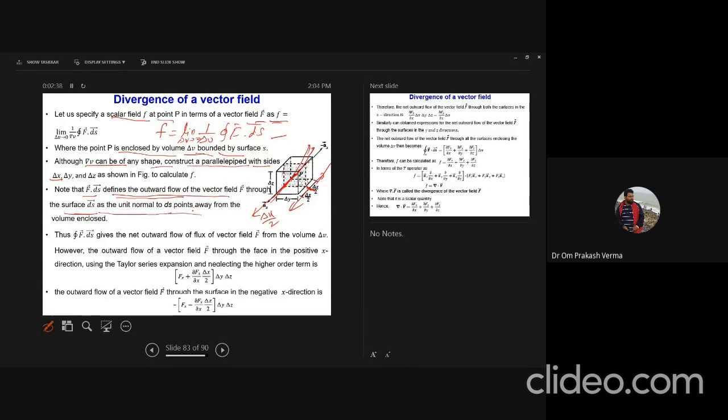So F dot ds provides us the net outward flow of the flux of vector field F from this volume delta V, right?